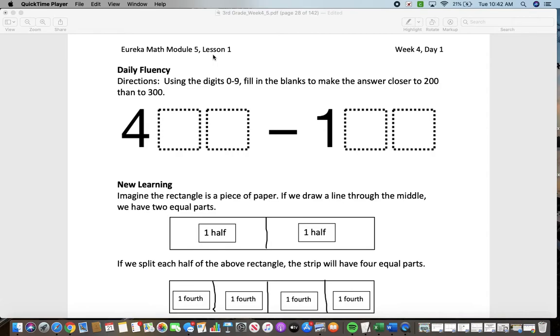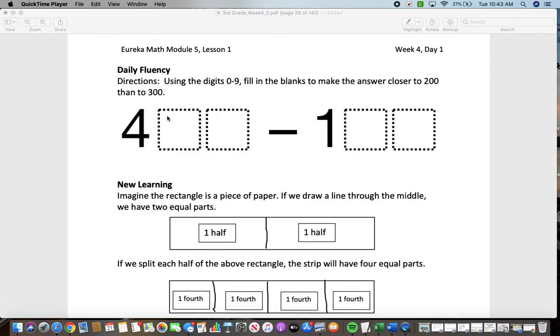It's asking you to use the digits 0 through 9 to fill in the blanks to make the answer closer to 200 than to 300. If I were to make this 400, so 400 minus 100, that would give us 300. What it's wanting you to do is put numbers in these missing blanks, in the 10s and the 1s, to make our answer closer to 200.